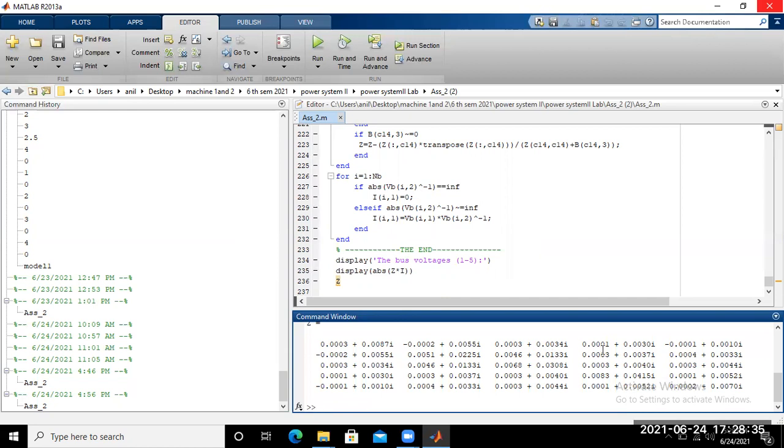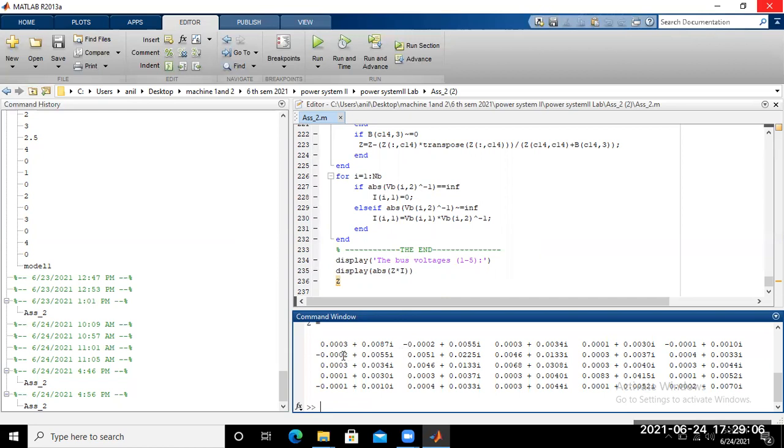Similarly, for the impedance value of Z14, the resistance value is 0.001 plus 0.00301. For Z15, the resistance value is minus 0.001 plus 0.0101.